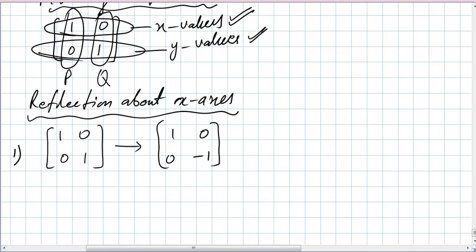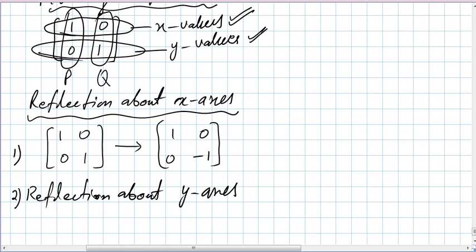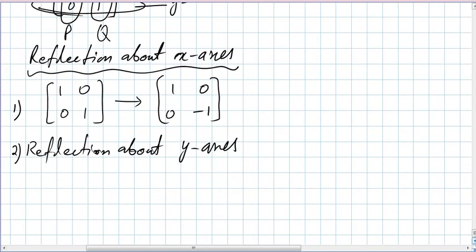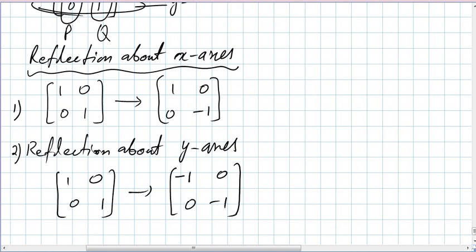Number 1. Now we are talking about the reflection about the y-axis. As we observe that after the reflection about the y-axis the x value sign changes, similarly we can change the sign of this one, becomes minus 1 0 0 minus 1. Sorry, it will remain the same. Only the x value sign changes.